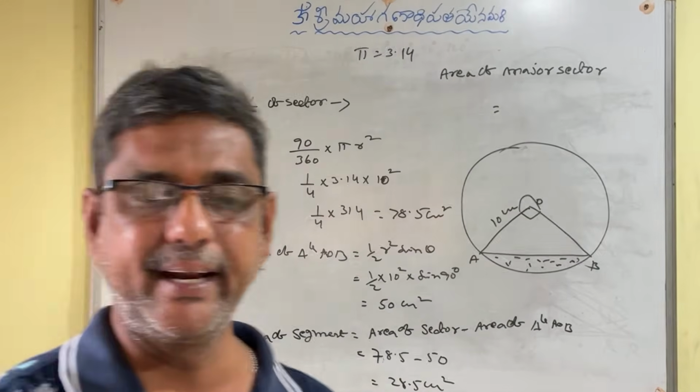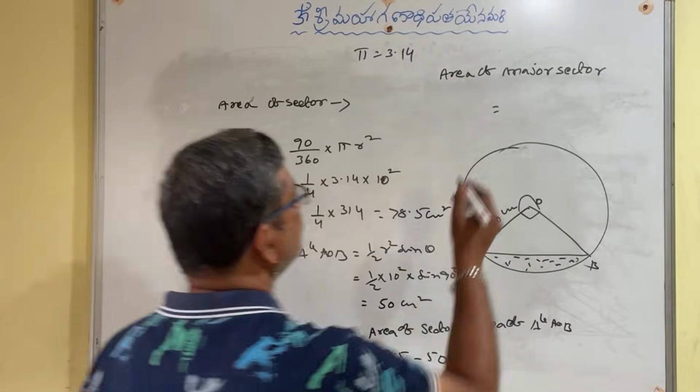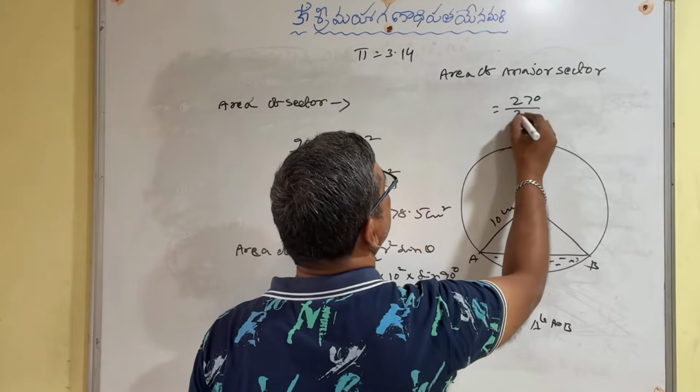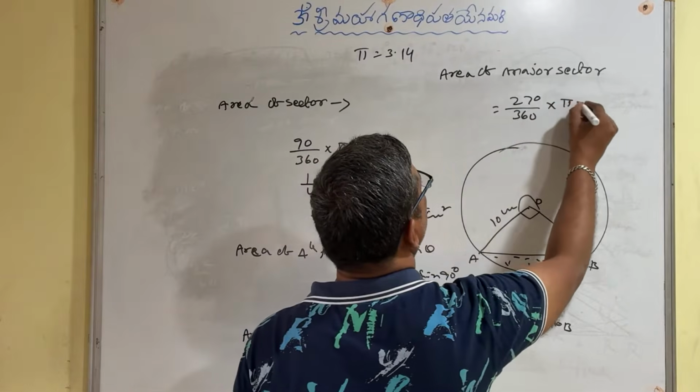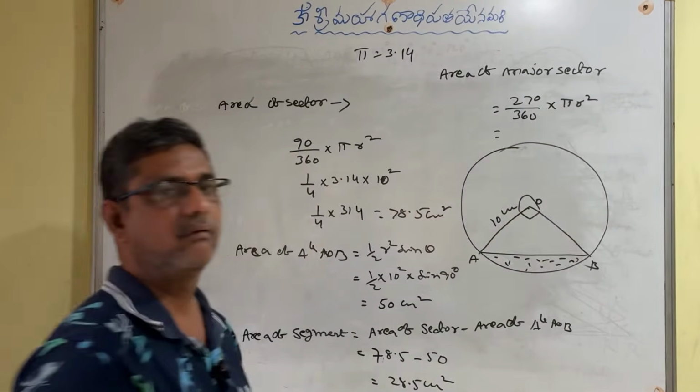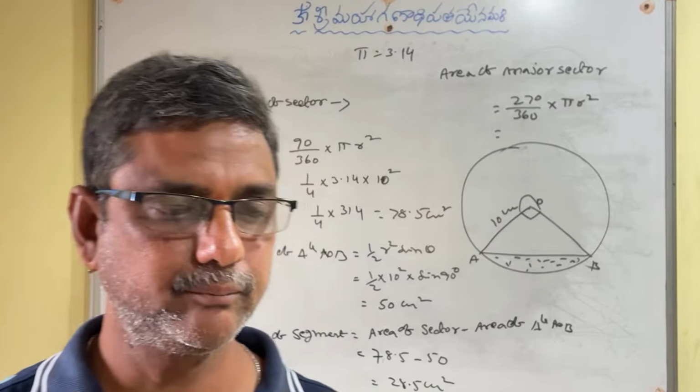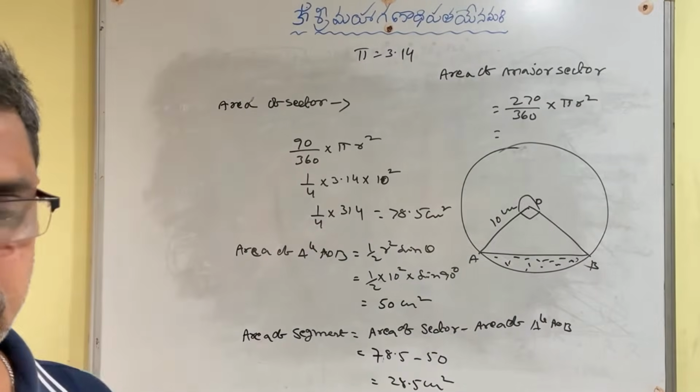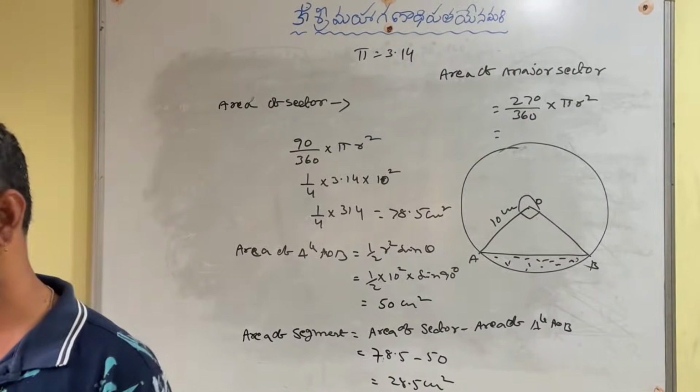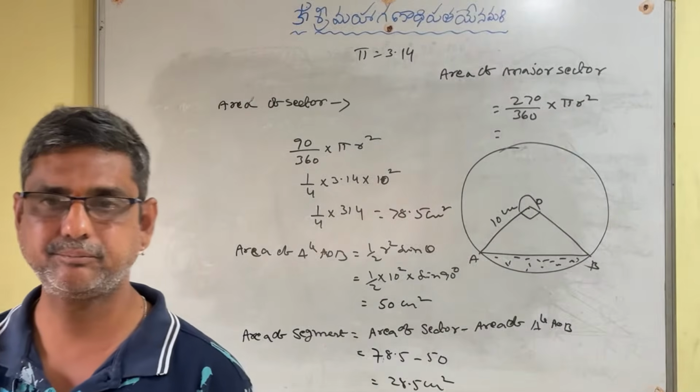Very good, 270 degrees. 270 by 360 into pi r square. Find the major sector area fast.